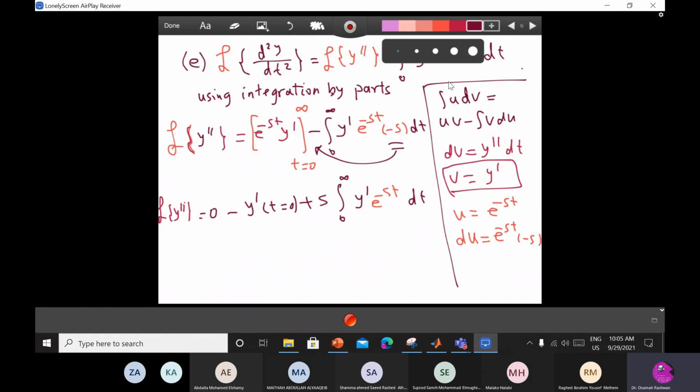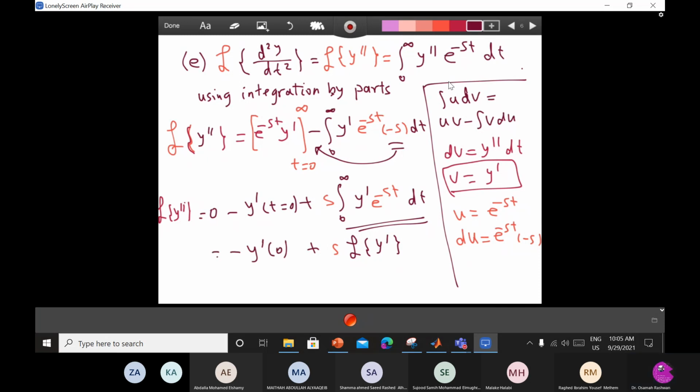Now, yes, what is this one? This is the Laplace transform for y dash. I have it already. Yes, I have it, minus y dash at 0.